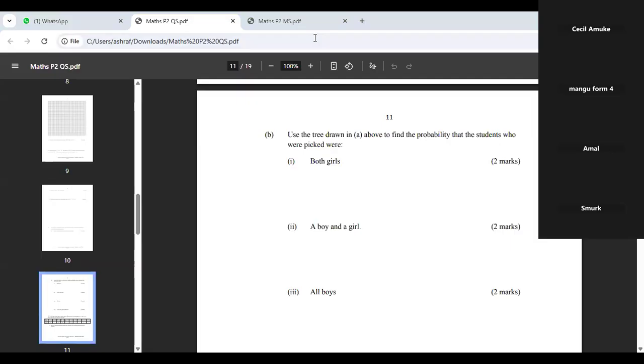Yes, Cecil. 10 all over 21. 10/21. So for a boy and a girl, there are 2 options. You can pick BG or GB, because it's not specific that the order must be boy, then girl. So you take BG or GB, you multiply and then add. So you get 10/21.